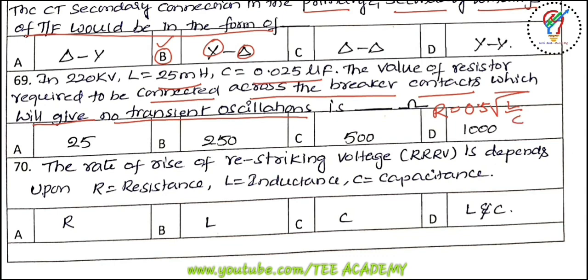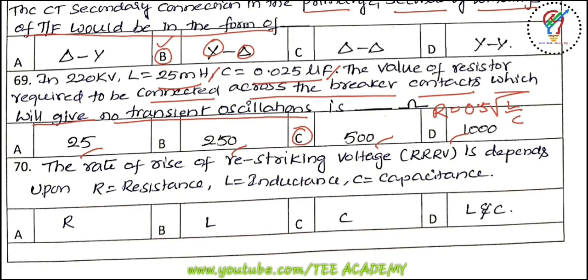L is 25 millihenry, substitute here, and C value is 0.025 microfarads. If you substitute here, you simply get the answer. The options were 25, 250, 500. The answer is 500 here.